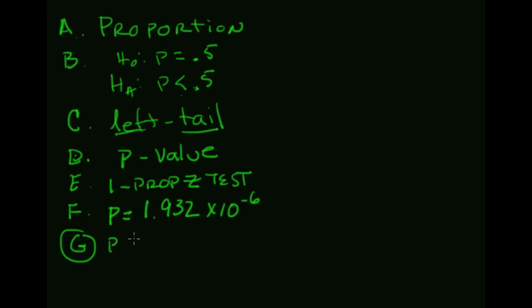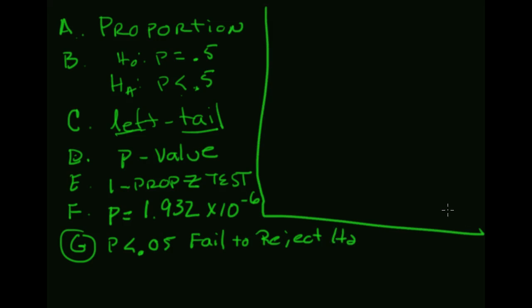This has p being less than 0.05. So we reject H null. Okay, so remember the claim is the alternate hypothesis here.